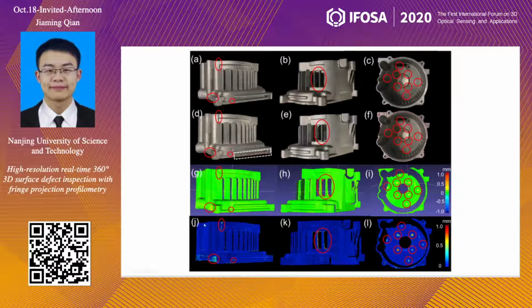And figures J to L are the inspection results of our method, which is very close to those of MeshLab. These experiments can prove that our method can provide fast and high accuracy 3D surface defect inspection.